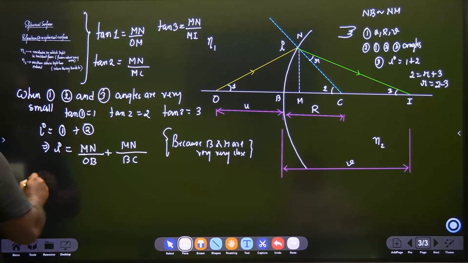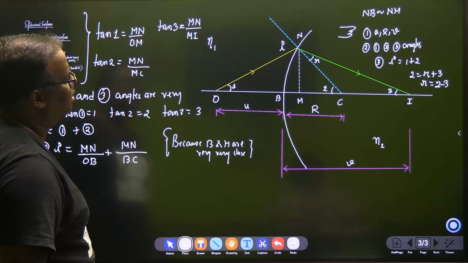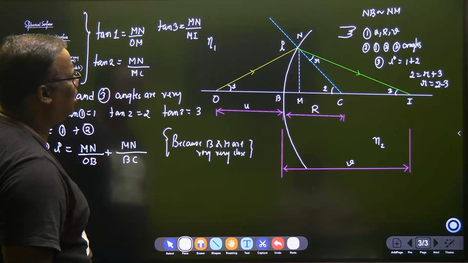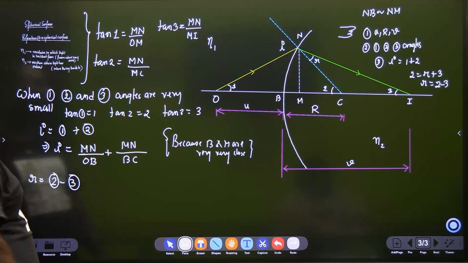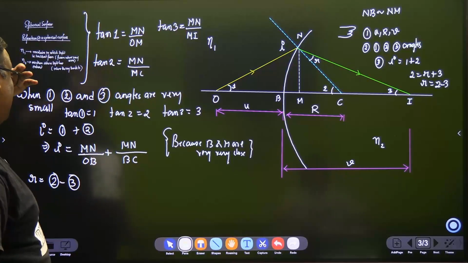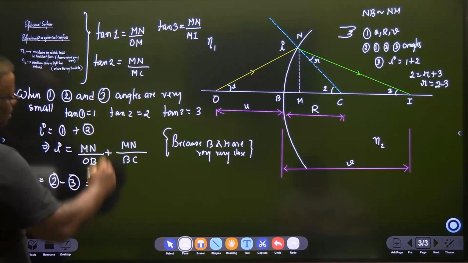Similarly, 2 is equal to 3 plus r, so r can be written as 2 minus 3. So what is 2?